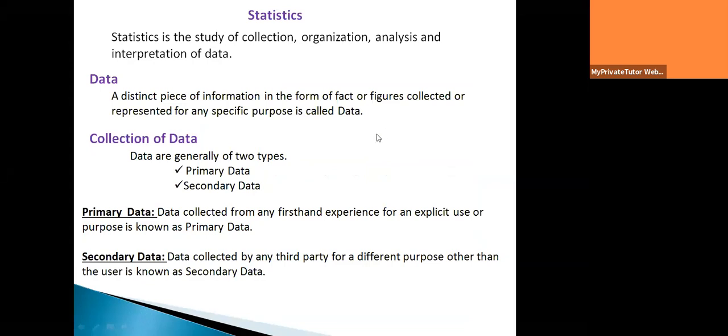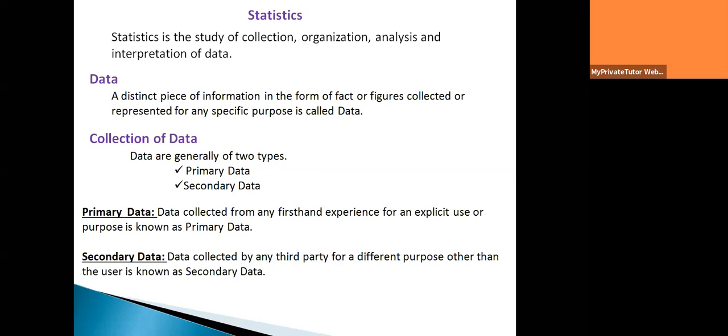To explain in a very simple way, what do you mean by primary? You might have heard of a primary contact and a secondary contact. Primary means from the original person, from the first person. Secondary data is taken from a third party, a third person or a fourth person, which is connected to the actual data.